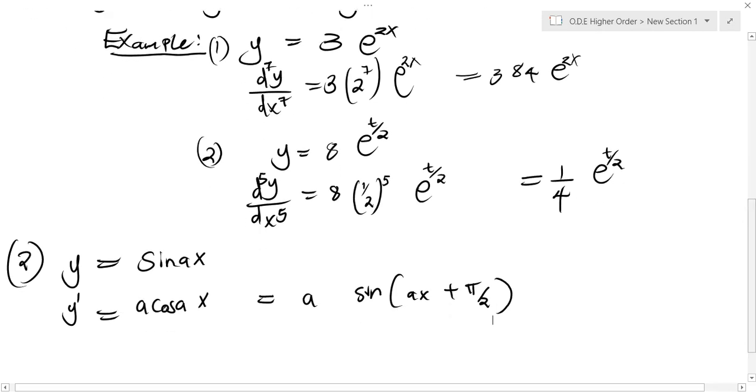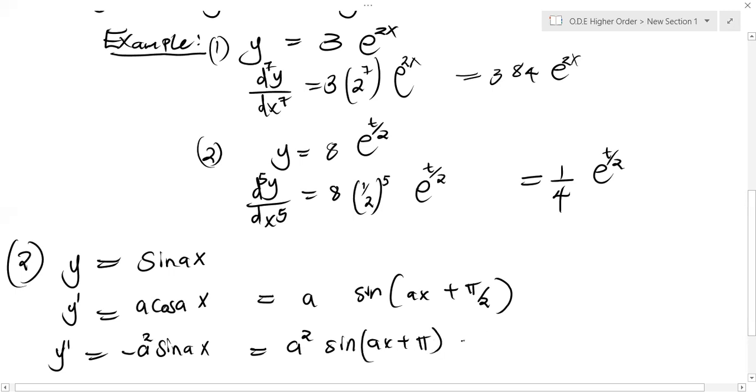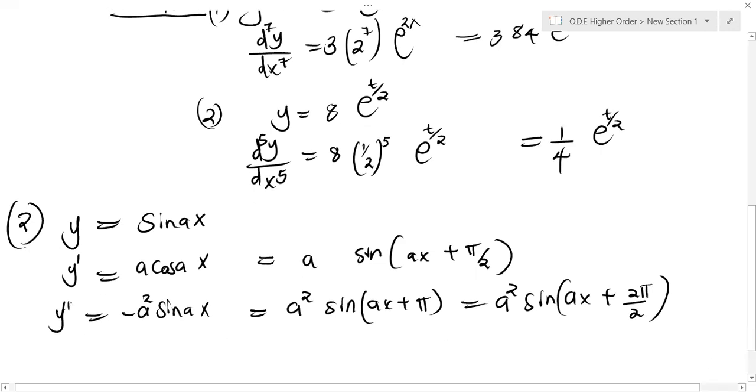Differentiating for the second time, y double prime, we will get minus a squared sine of ax, which is obviously the same as a squared sine of ax plus pi. And this can also be written as a squared sine of ax plus 2 pi over 2. What I've done is just to introduce 2 both on the upper side and the lower side. So this is y double prime.